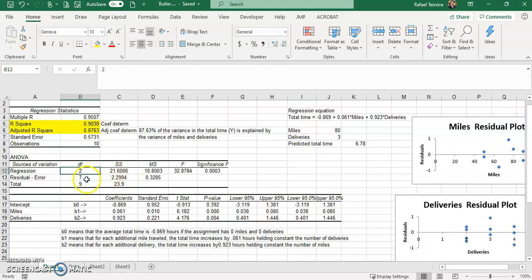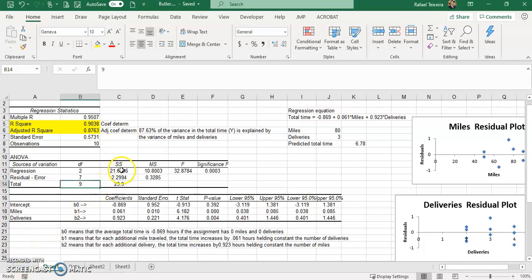Then we have the residual, which is the total sample size minus two independent variables minus 1. Okay, in this case, 10 minus 3, 7. Okay, and the total degrees of freedom here is total sample size minus 1.